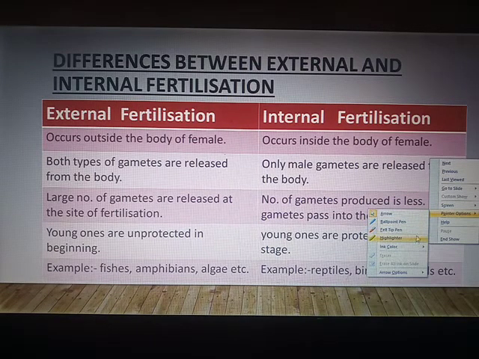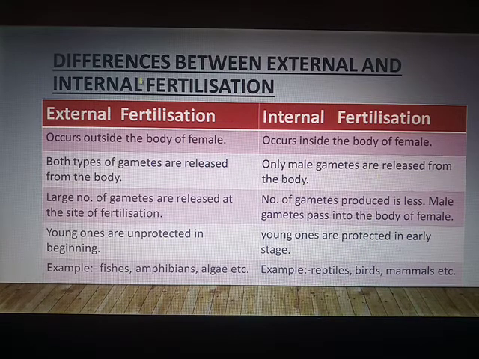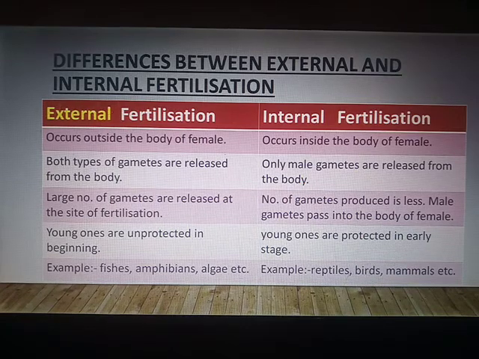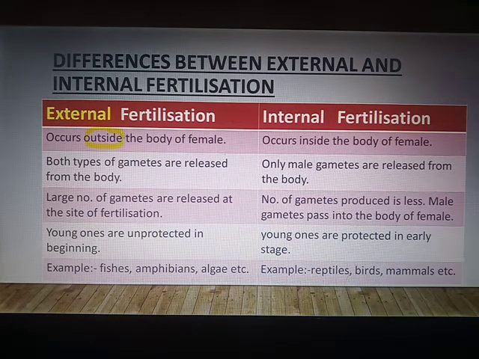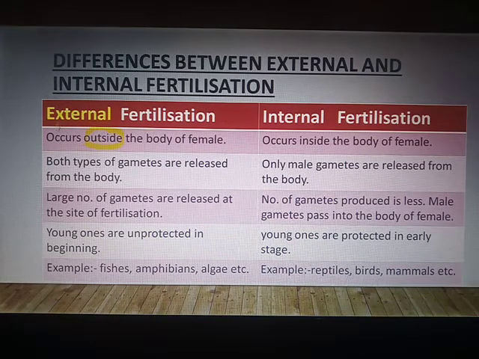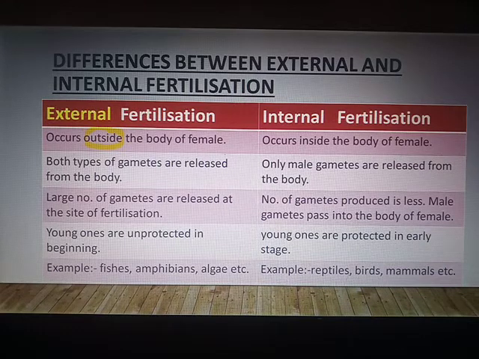So let us see the differences between external and internal fertilization. Students, in external fertilization, external means outside. So the fertilization which occurs outside the body of the female is known as external fertilization. And in internal fertilization, internal means inside.